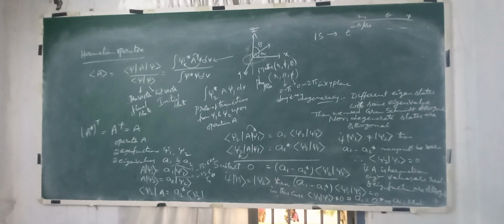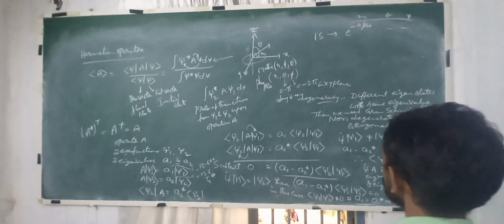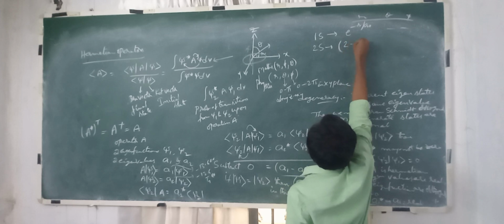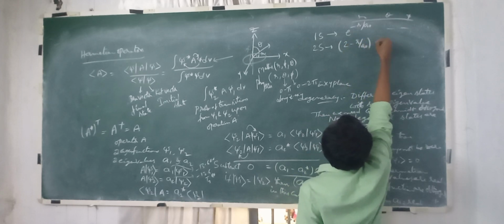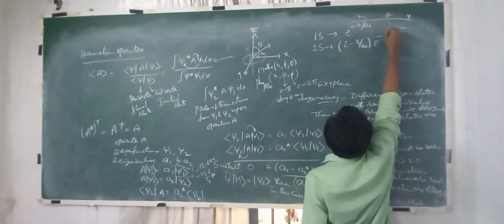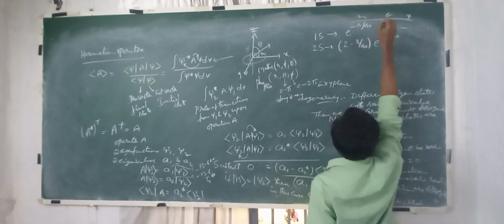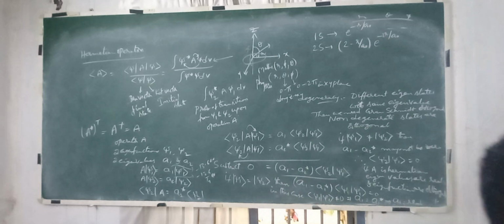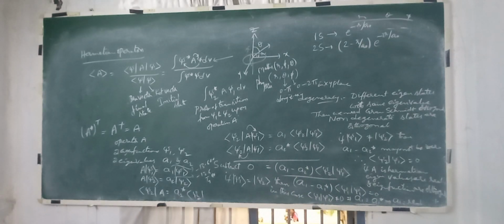So next one, I have to look for 2s orbital. It is 2 minus r by a naught, e power minus r by 2 a naught.